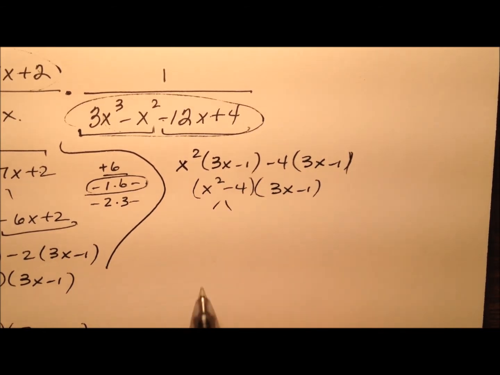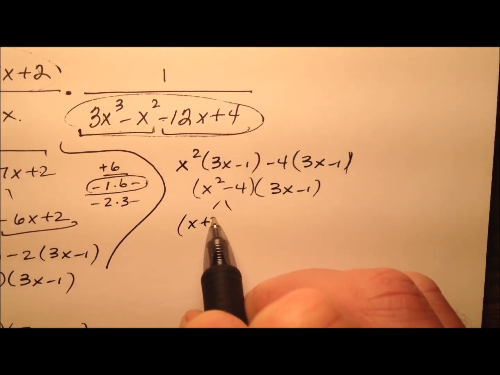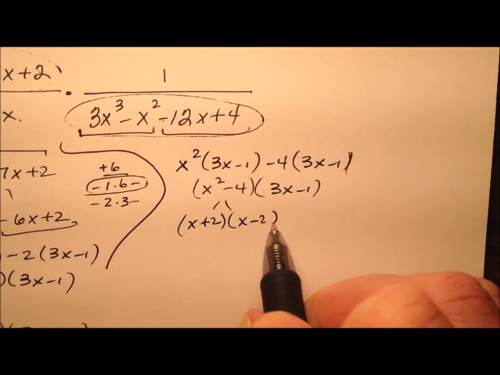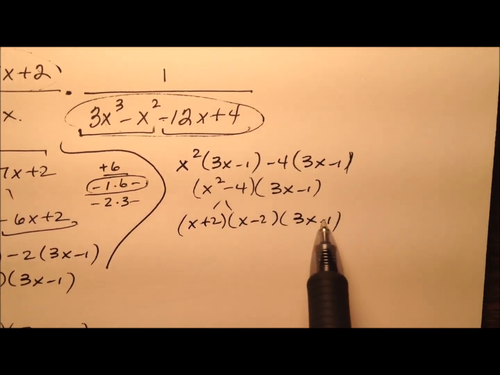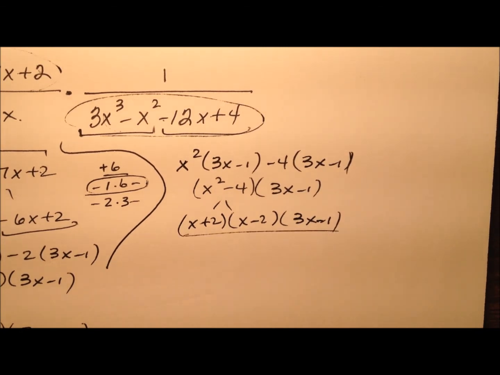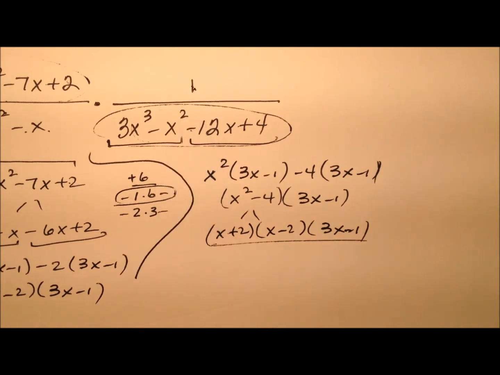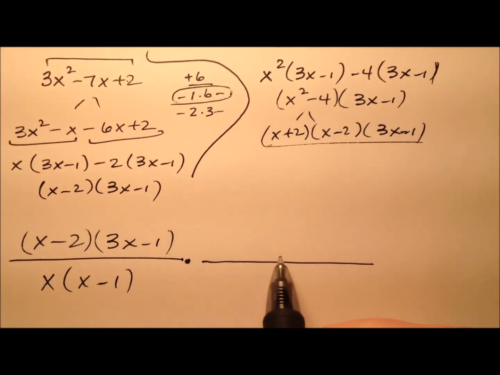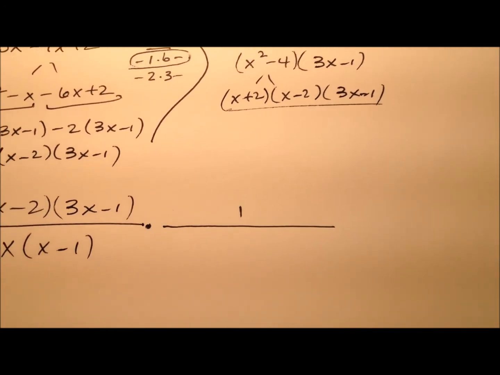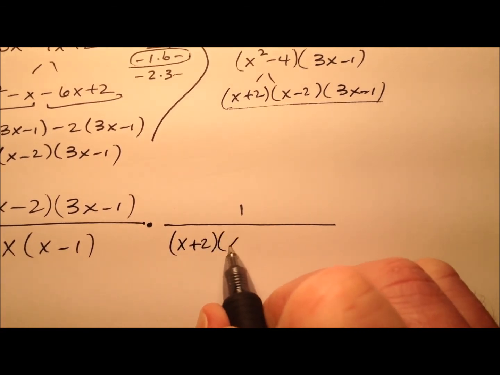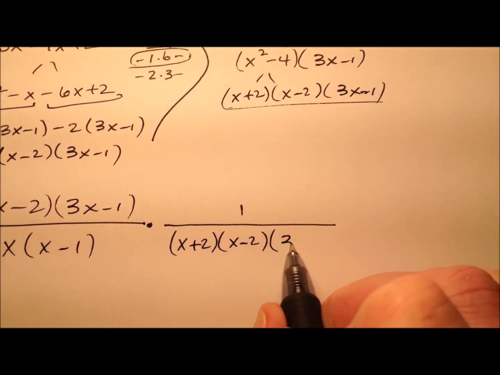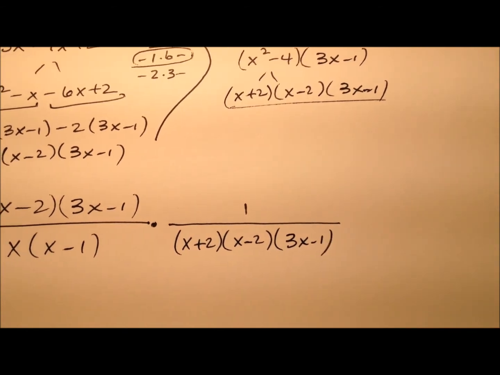Oh, that's a difference of squares, isn't it? So x plus 2, x minus 2, 3x minus 1. So I actually have 3 factors that this will come down to, in the denominator underneath my 1. So 1 on top, and now on bottom I have x plus 2, x minus 2, and 3x minus 1.